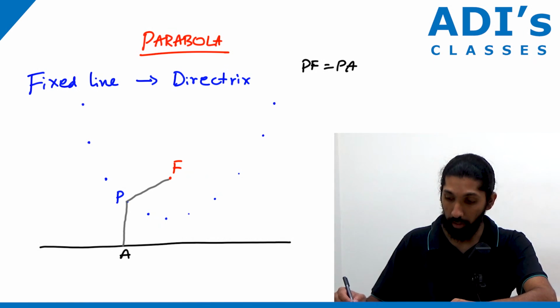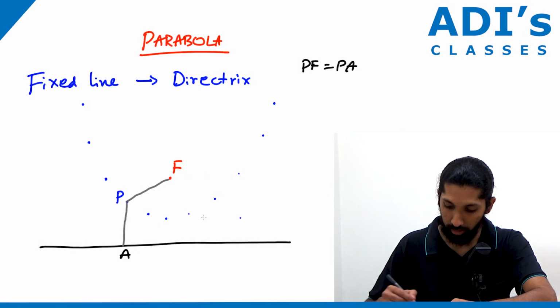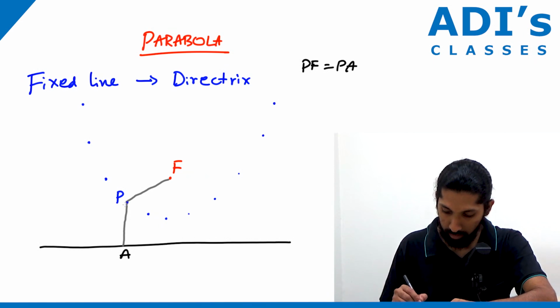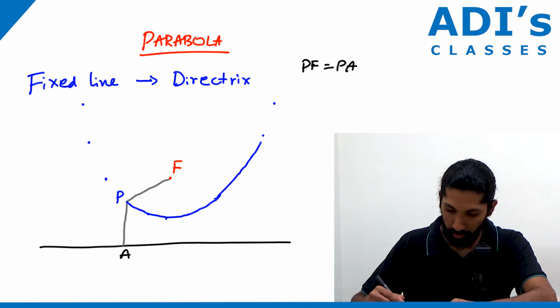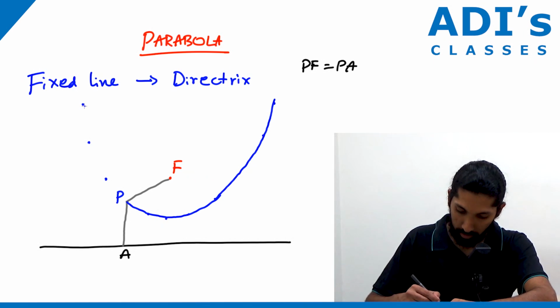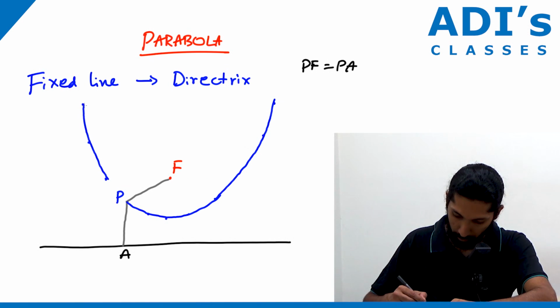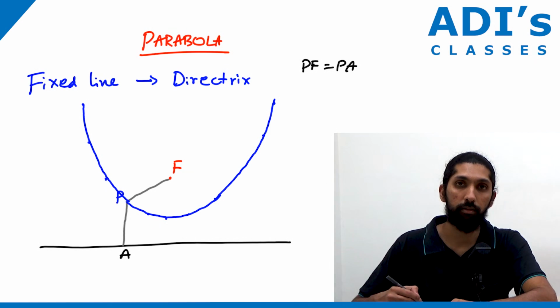If you join everything, if you keep on joining everything, it keeps on going like this, on this side and on this side also. You get a beautiful parabola.